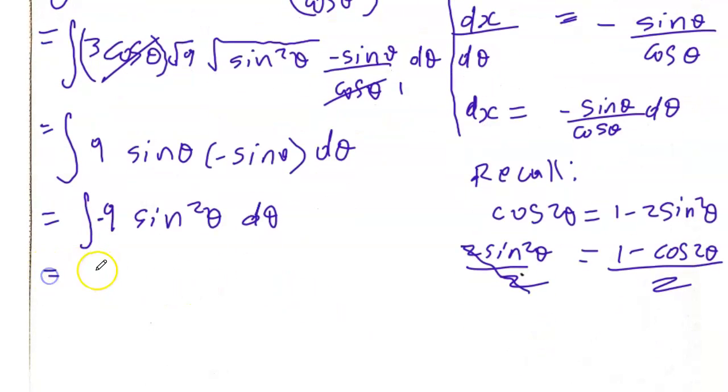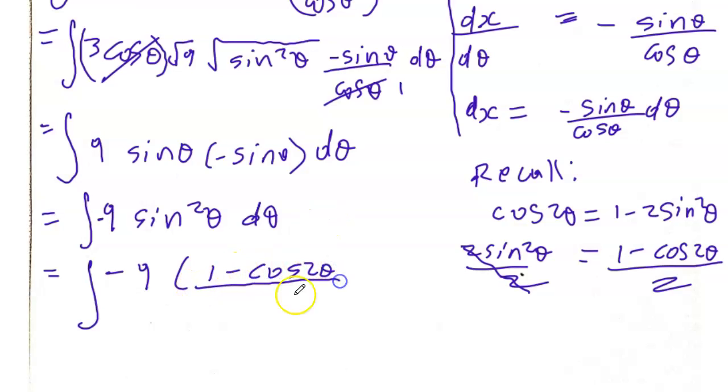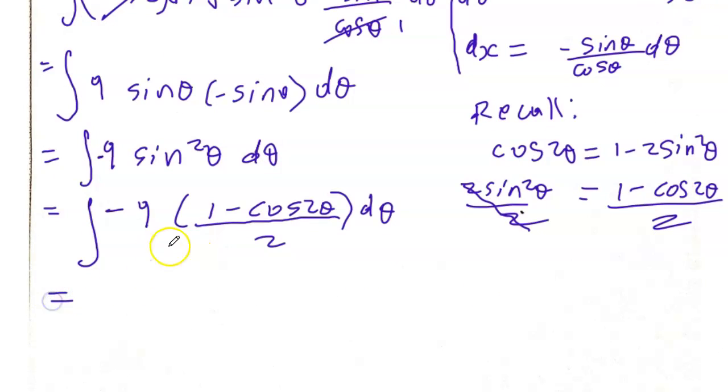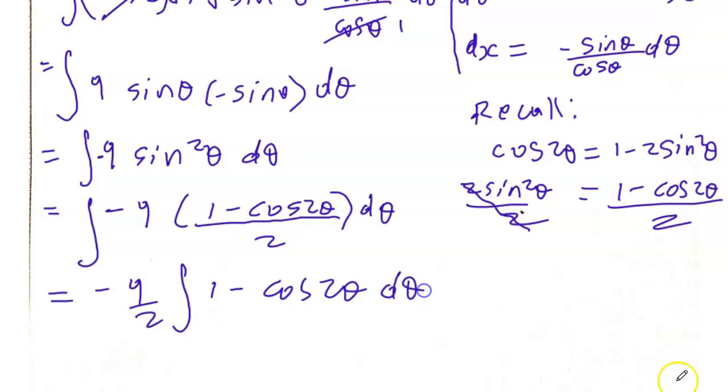So this would be equal to the integral, and I'm going to rewrite the sine square theta as (1 minus cos 2 theta) over 2 d theta. And of course I can factor out minus 9 over 2. So minus 9 over 2 into (1 minus cos 2 theta) d theta.